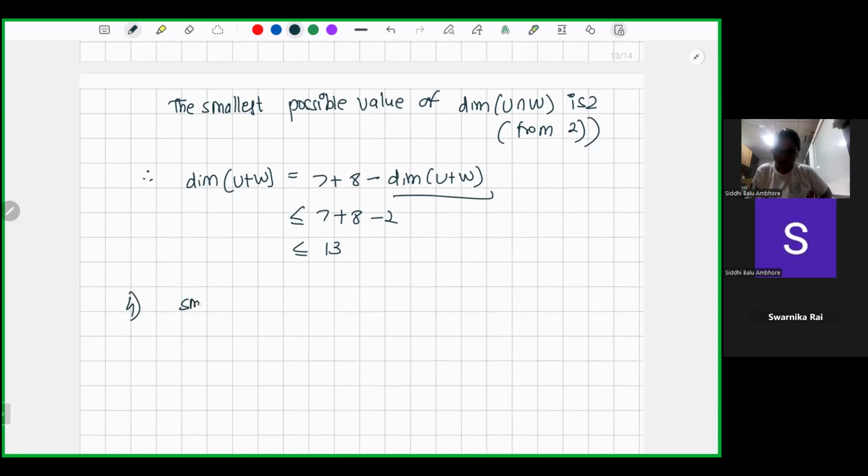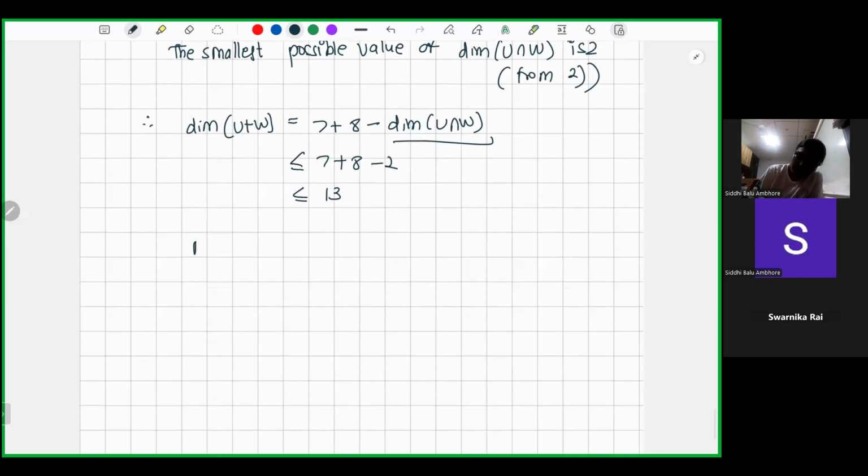Intuitively, if U and W are subspaces of R13, then the dimension cannot go beyond 13. Yes, exactly, that is also true. I mean the maximum possible value it could take.